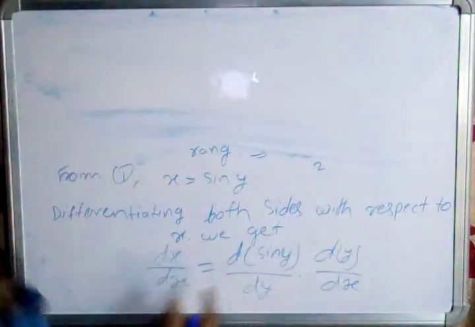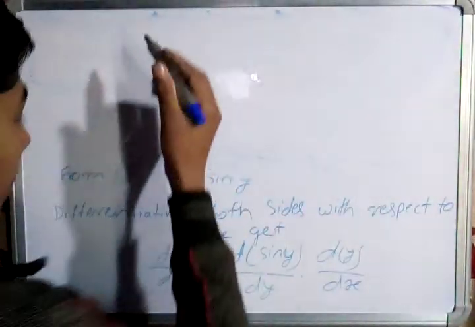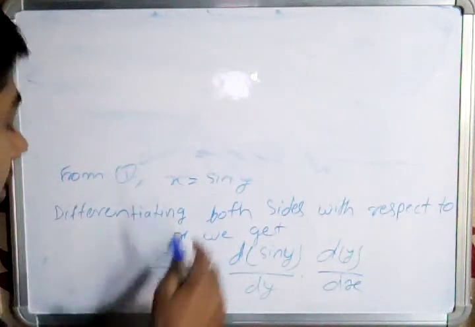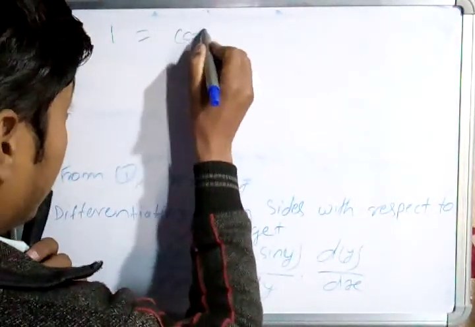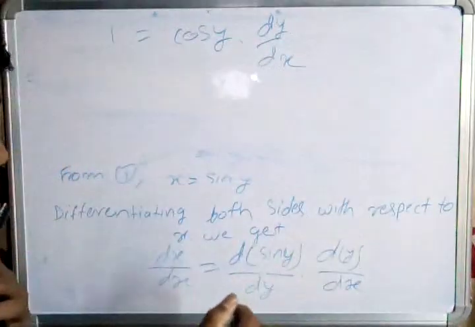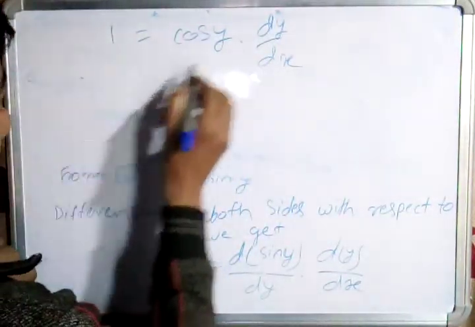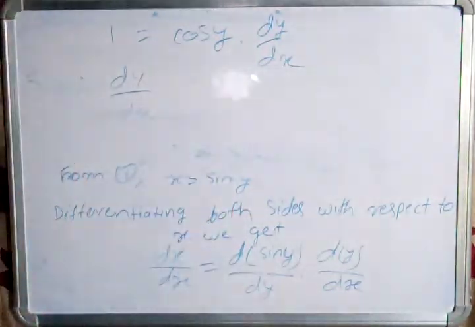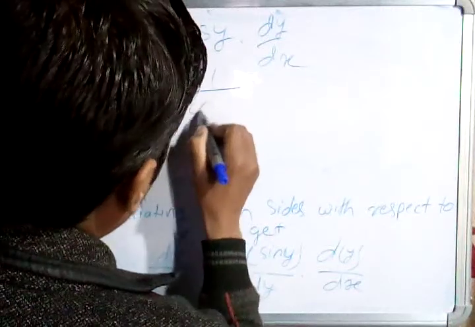Differentiation of sine y: 1 is equal to cos y into dy upon dx, and therefore dy upon dx is equal to 1 by cos y.